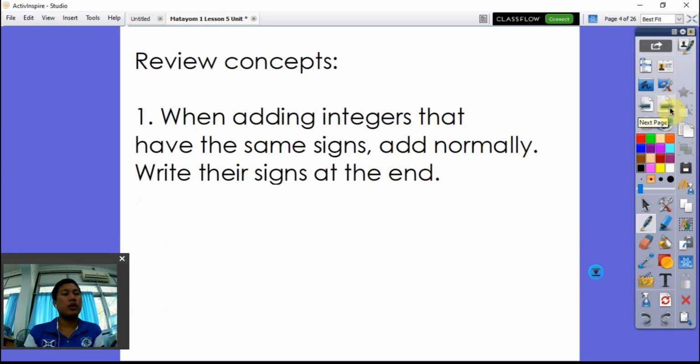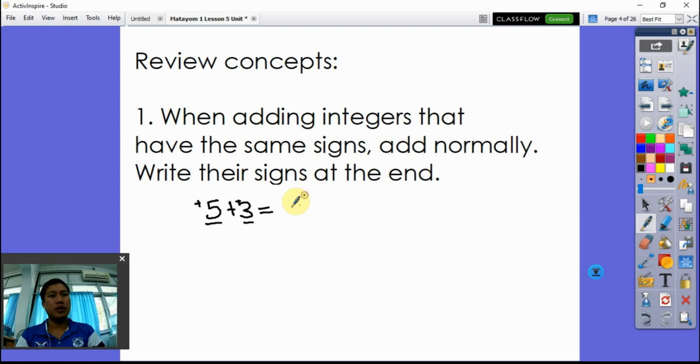So let's review our concept when adding integers. When adding integers that have the same signs, add normally. Write their signs at the end. For example, we have 5 plus 3. Since 5 and 3 are both positive, we add the numbers normally.